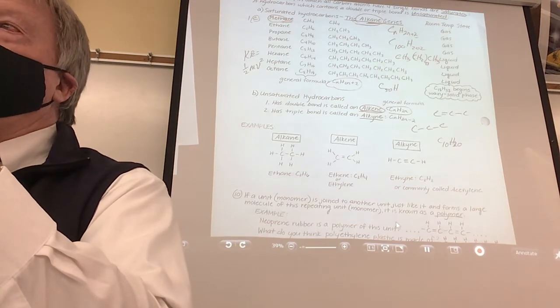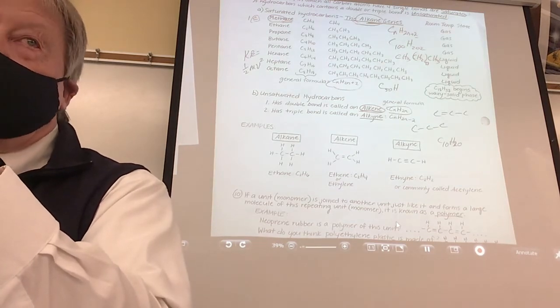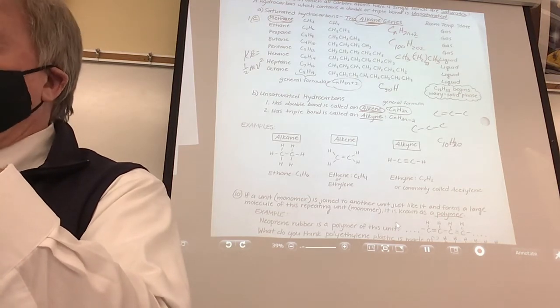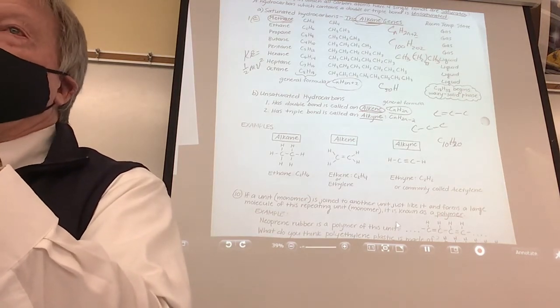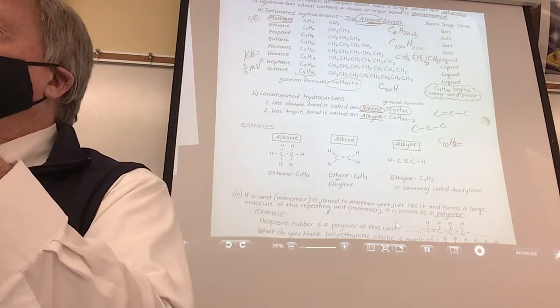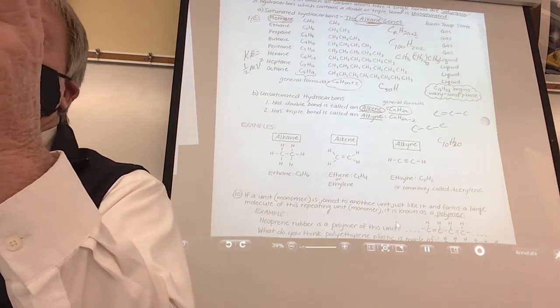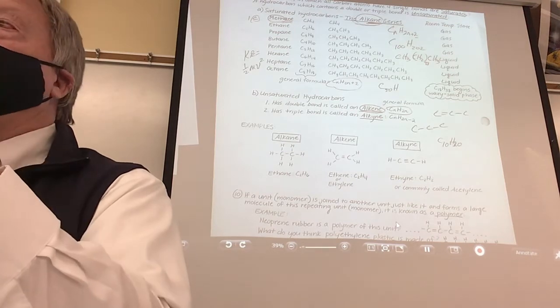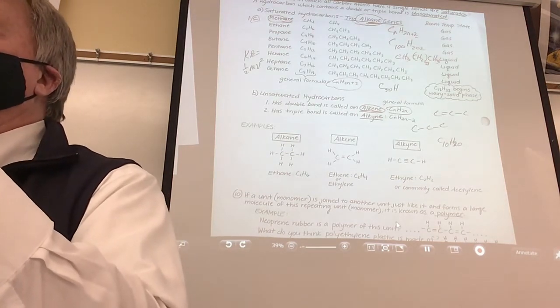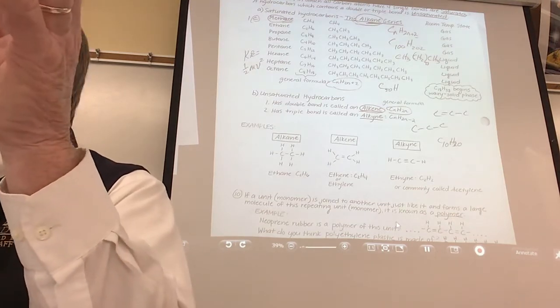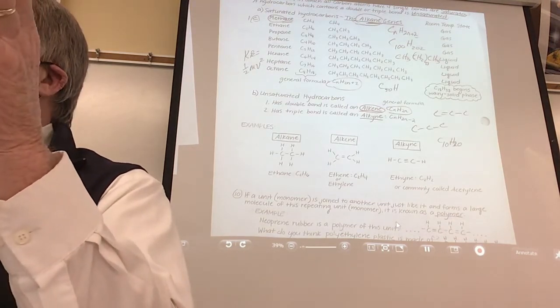And then you put another bond on there. What's the price you're going to pay for that? 2 more hydrogens. So what is the general pattern? CnH what? 2n minus 2. I'm looking at your faces, so I can't tell if that made sense to you.